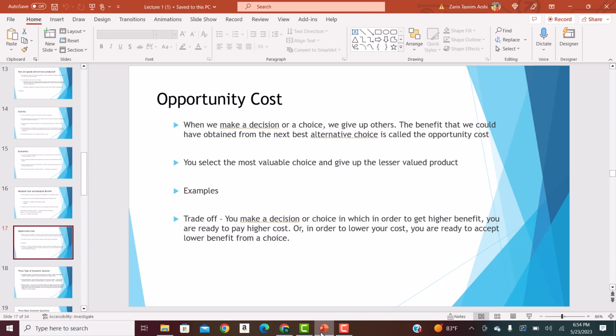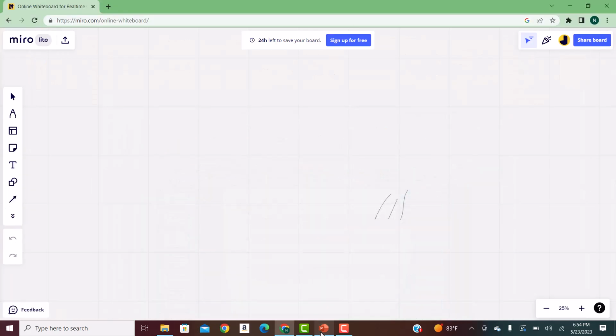Now we want to do another example for opportunity cost. Actually a couple of examples, so we understand how this cost is related to decision making. So for instance, the country U.S., with the same amount of resources, can produce two goods.